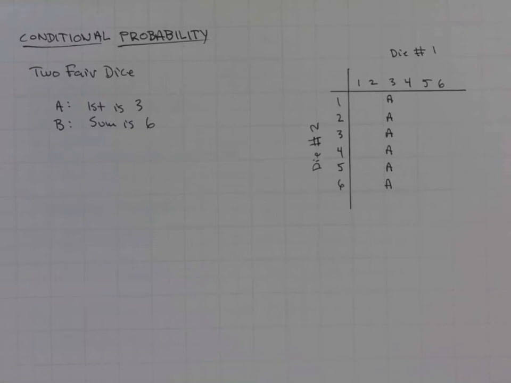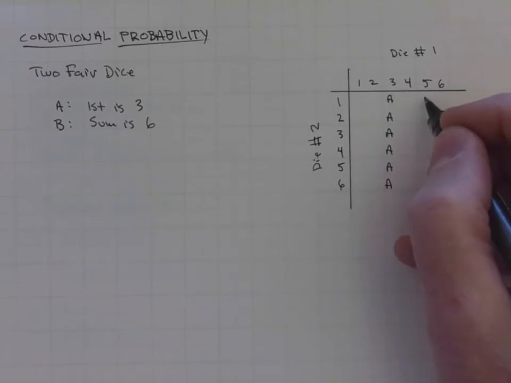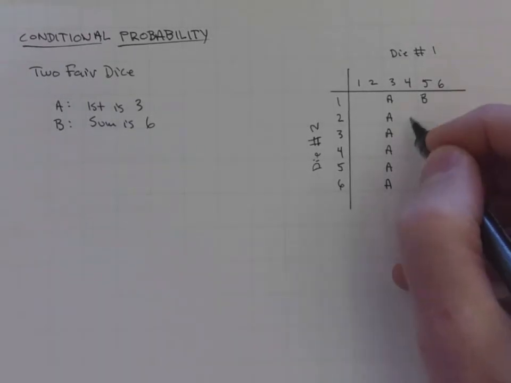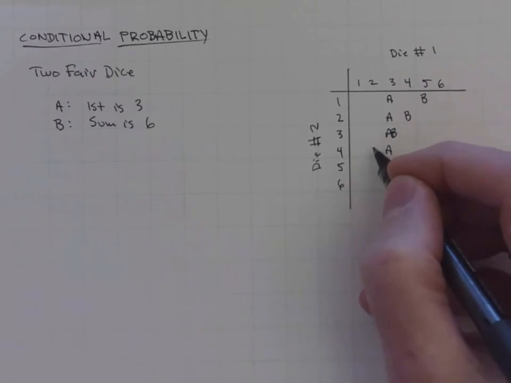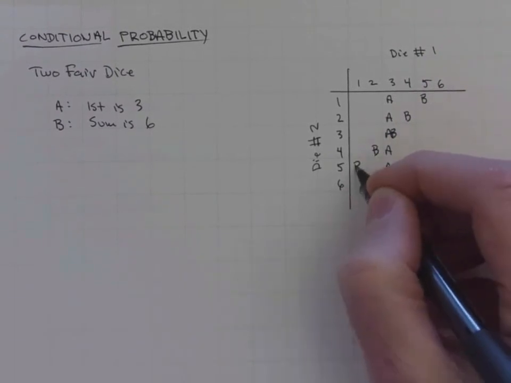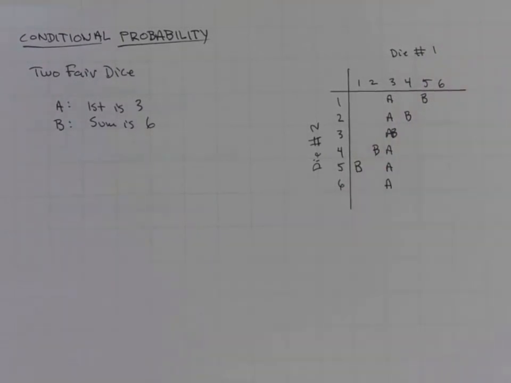And then event B is that the sum is a 6, and so I'll look at all the cells where the sum is a 6, and I'll enter a B in them. And you can see that there is one cell where they overlap, so the intersection of these two events is not empty.